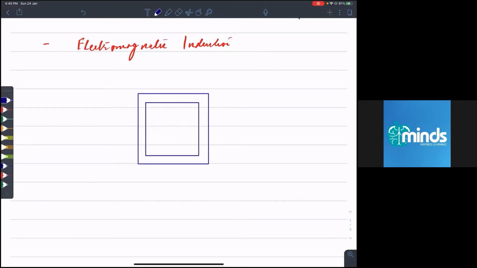Let me do one thing. It should be something like this. So this block should be three-dimensional.